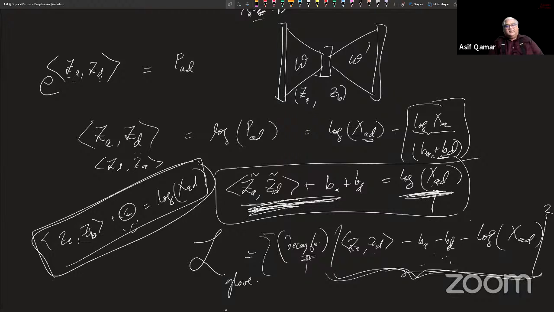And remember, skipgram with negative sampling. Negative sampling is important. You have to also tell what is not the context. And then there's GloVe, which directly uses the co-occurrence matrix value, and it basically says that the exponentiation of the dot product is equal to the probability that A and D will co-occur.